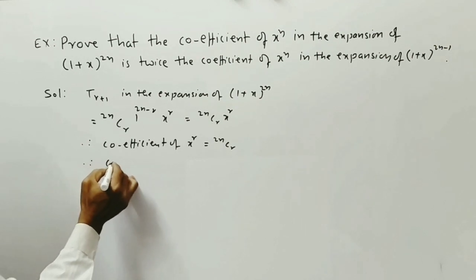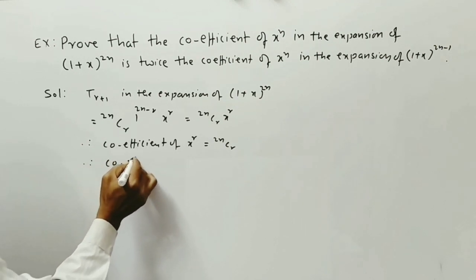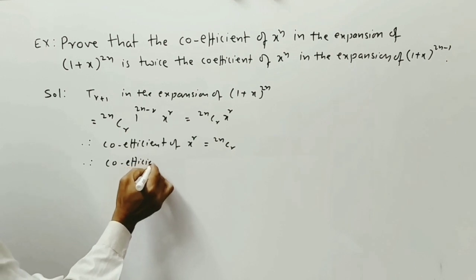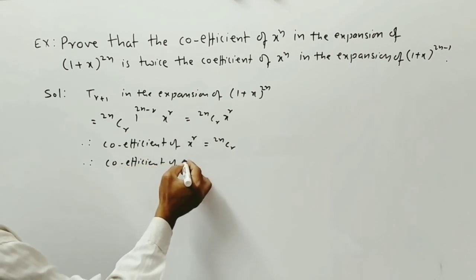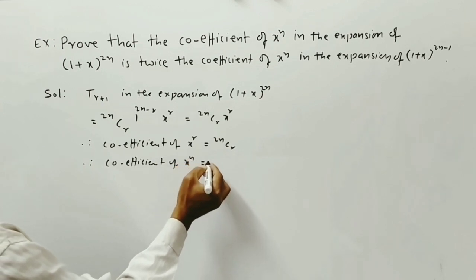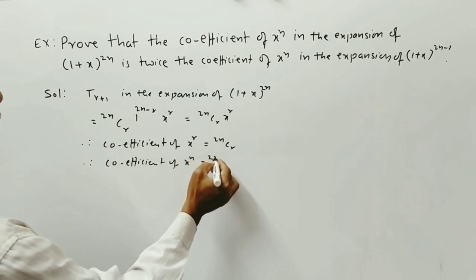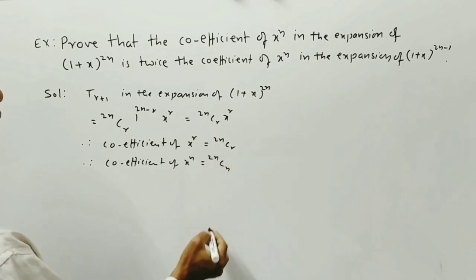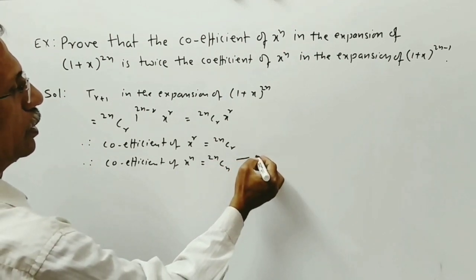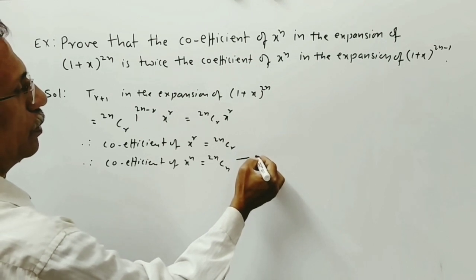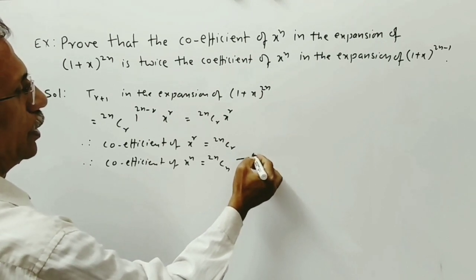So, coefficient of x raised to the power n is equal to 2n c n. Say A.